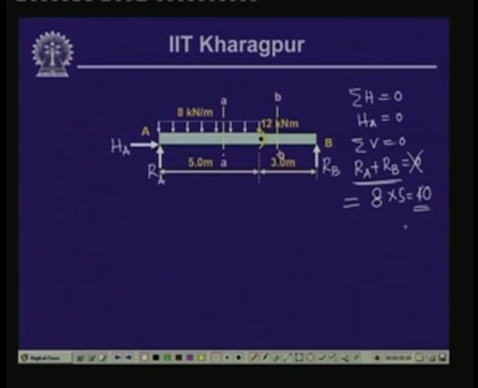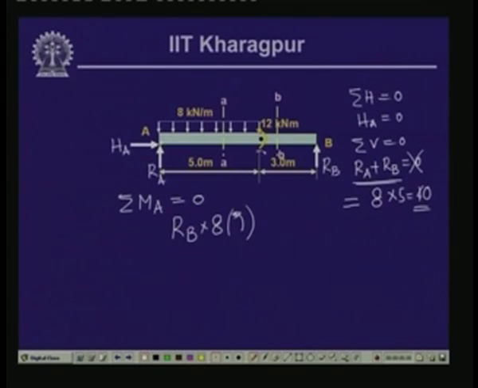Now, we need another equation for evaluating these two unknown quantities RA and RB. If we take the moment of all the forces with respect to point A, summation of moment with respect to A is equal to 0. RB into 5 plus 3, which is 8 meter, acts in an anticlockwise direction.